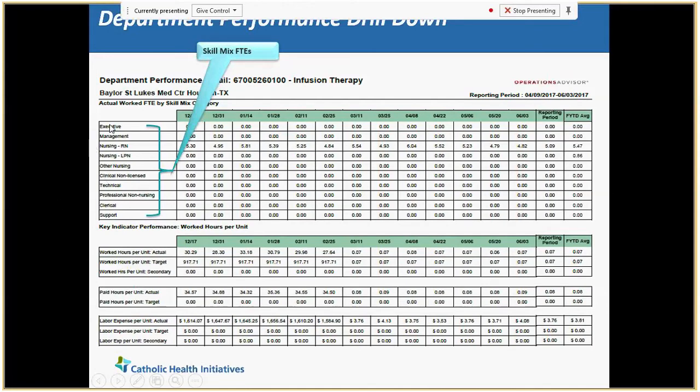So if you wanted to see nursing RNs versus LPNs versus your healthcare support, those would all be listed here. Then you get your hours and dollars per unit of service, actual versus target. So this is a 3-page report, cannot be emailed to you. You will run this by going into the report menu, and I will show you that here in a moment.